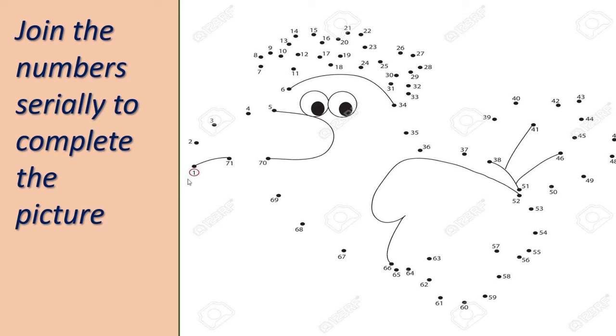See here, I will show you from 1, here it is 2. So like this, from 2 to 3 we have to join these numbers. From 3 to 4 draw the line. 4 to 5 join these two dots. From 5 to 6, yes, like this go on joining the next numbers. Okay, then you will get a beautiful picture. Okay.